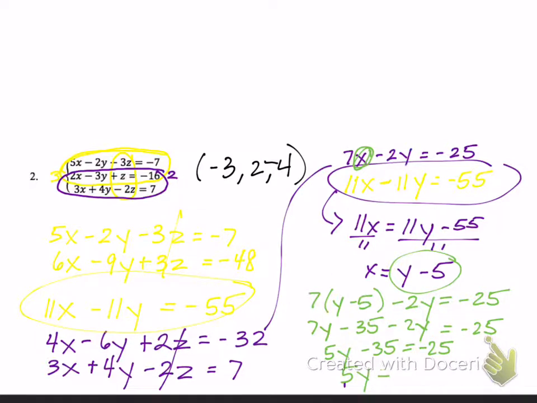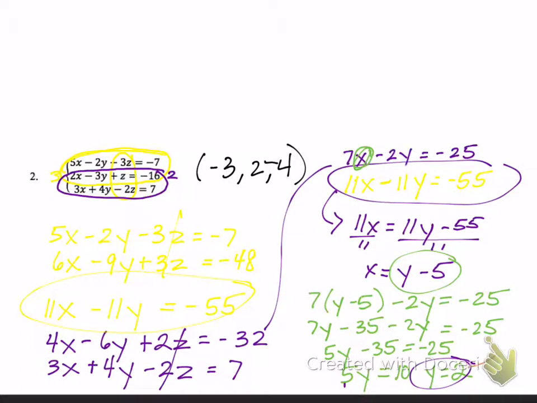Add the 35. So 5y equals 10. Y equals 2. And from here, it's like smooth sailing after this. So once you get that one variable number, you can just plug it in, and then it gets easier.